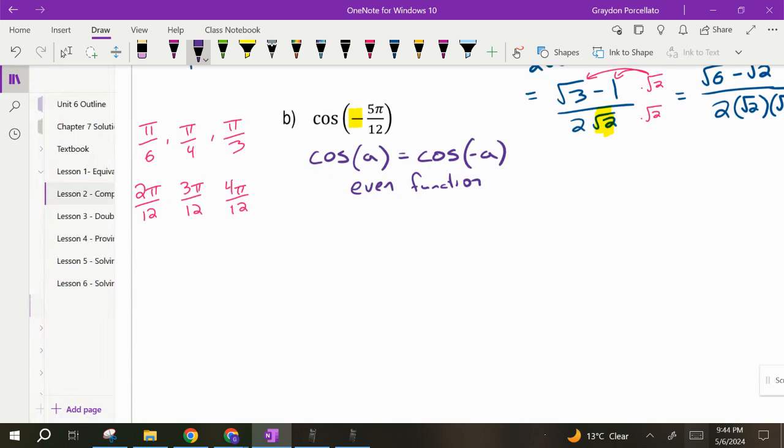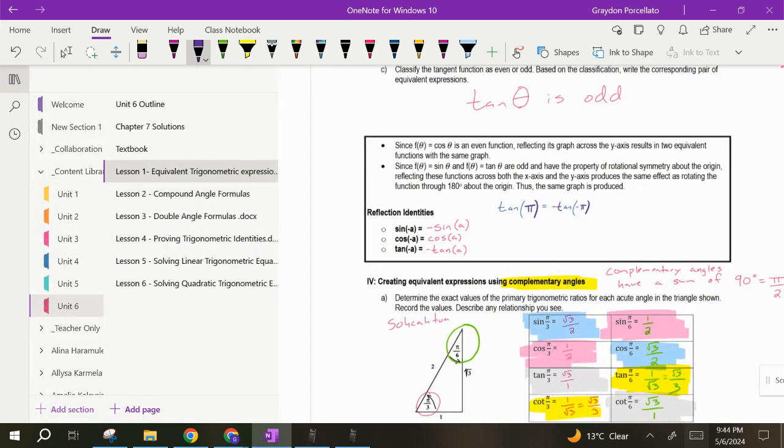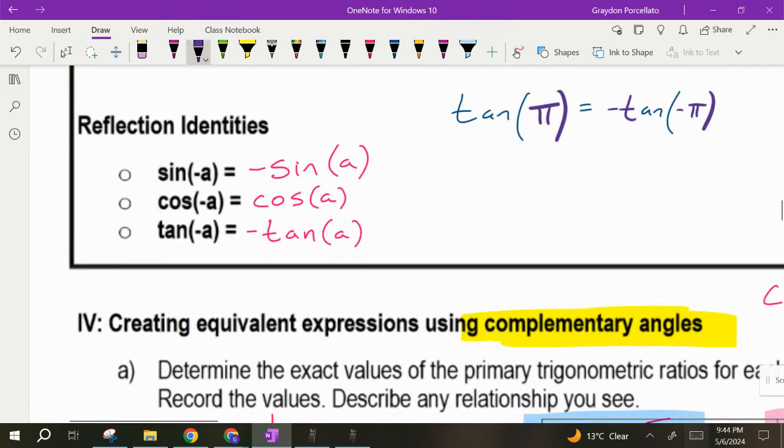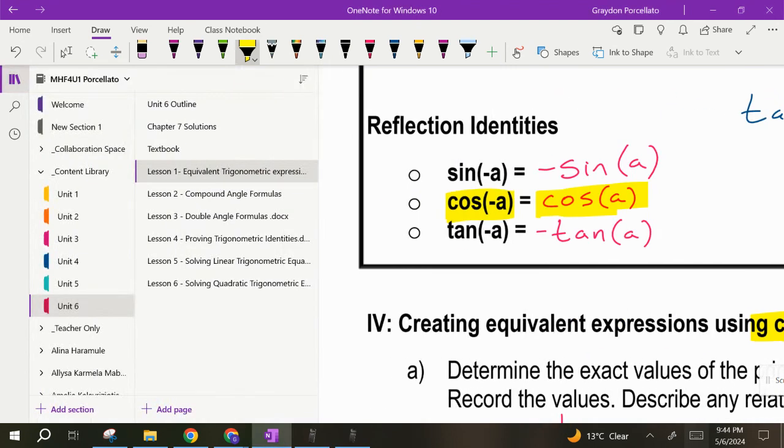So I went back to my note from yesterday and I did find exactly that. Because cos is an even function, the cos of any angle is equal to the cos of the negative of that. So watch this.